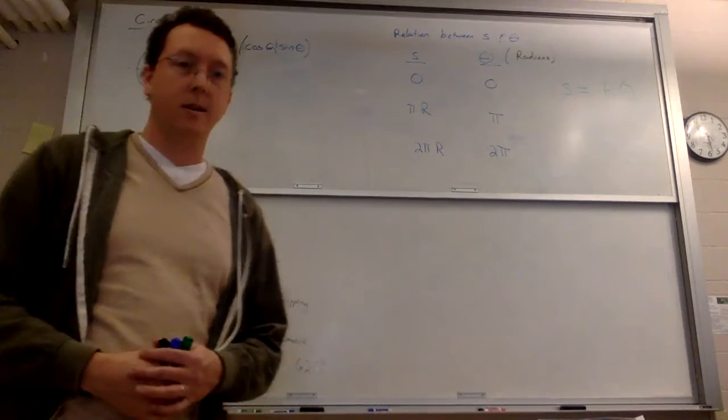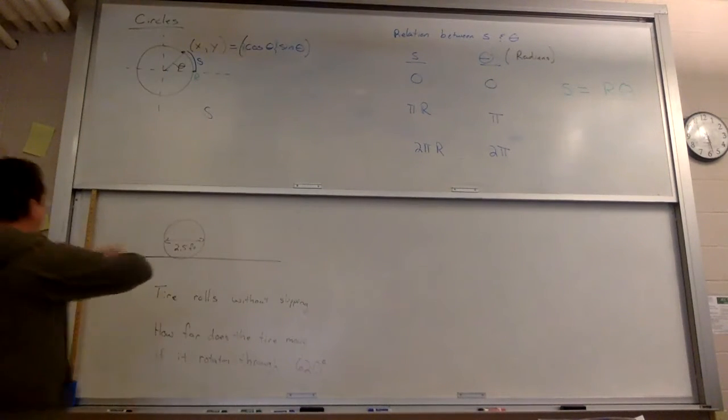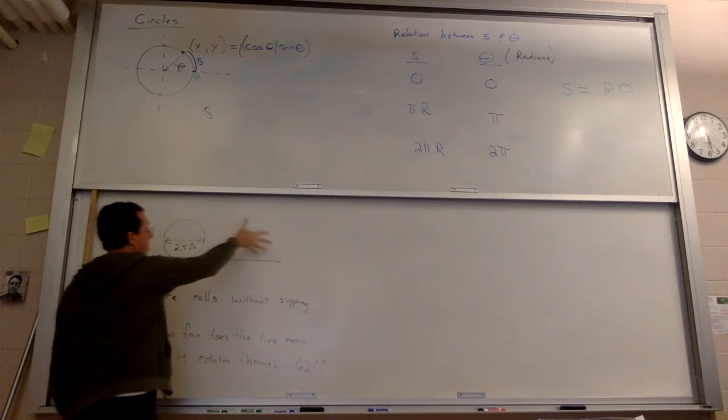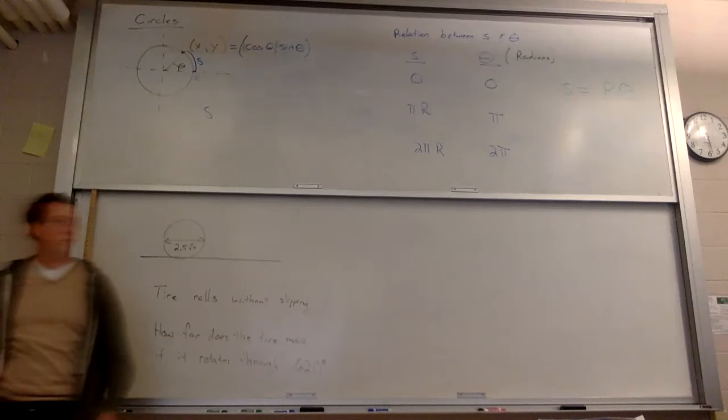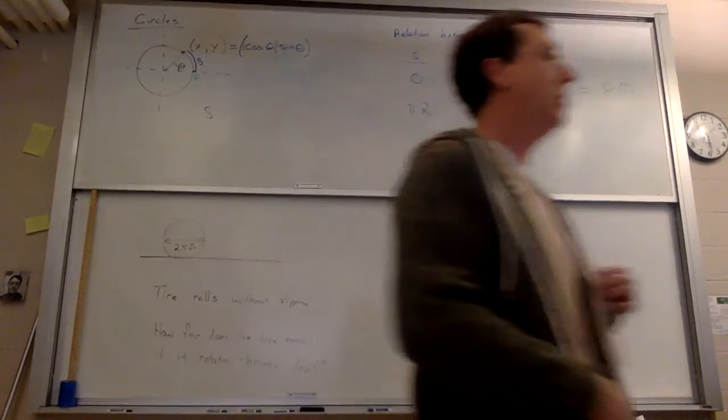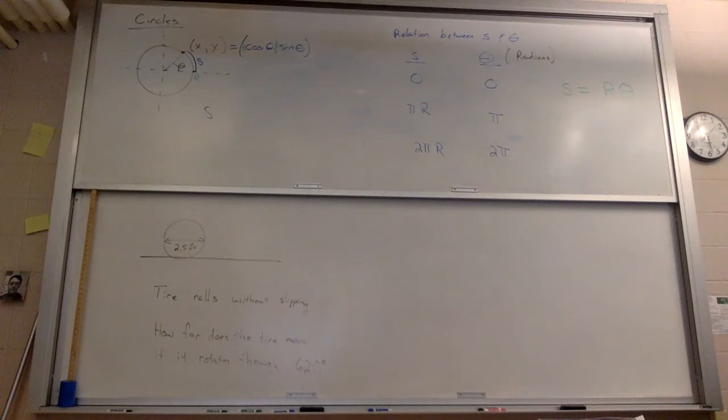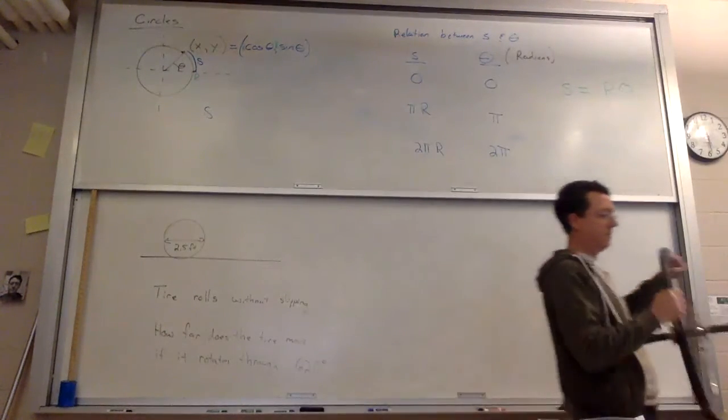Okay. So if it rotates through 620 degrees, how far does the tire move over? First thing you have to do is a whole bunch of conversions. You've got to convert degrees to radians. You've got to convert feet to meters. Yeah, so I want the answer in civilized units. Do all those conversions. Let's see what we get.